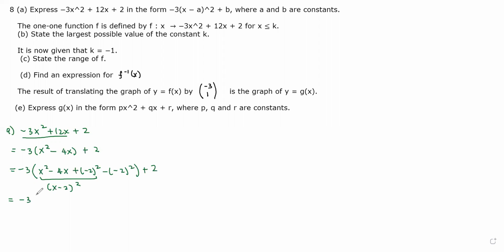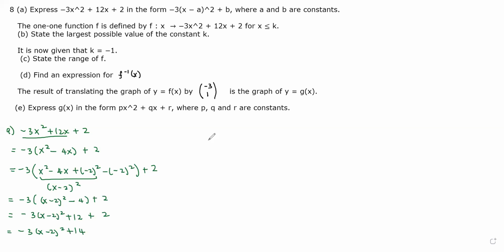So we have negative 3 times x minus 2 squared, minus 4, plus 2, and that is negative 3 times x minus 2 squared plus 12 plus 2, which is negative 3 times x minus 2 squared plus 14. So a is negative 2 and b is 14.